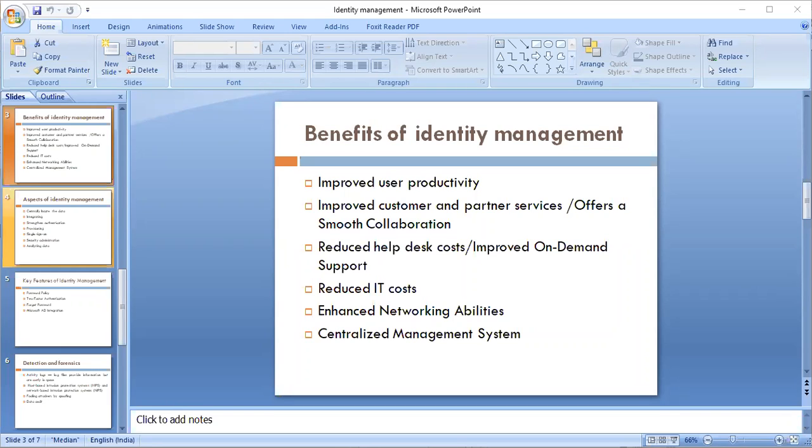All the suppliers can have their isolated group, the distributors can have their isolated group, or if they want to tie up, they can exchange their authorities and share their access. This way identity management is helping us provide smooth collaboration with authentication and authorization.